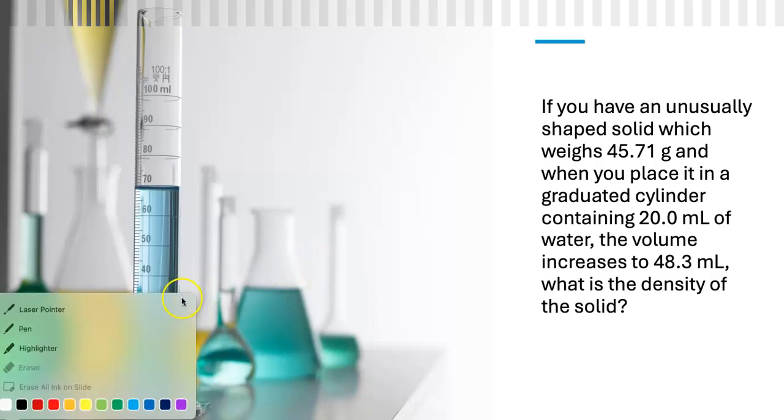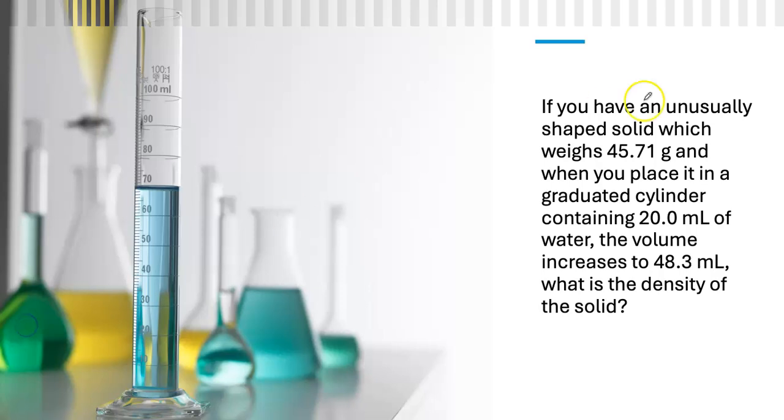All right, so as I'm looking at this problem, I'm noticing that there's a lot of information here. I see I've got a mass, and then I see I've got a graduated cylinder with 20 milliliters of water. I put the object that weighs 45.71 grams into the cylinder, and the volume goes up to 48.3.